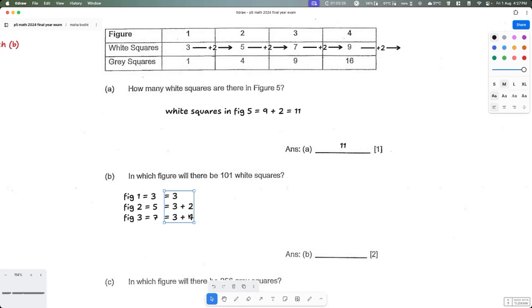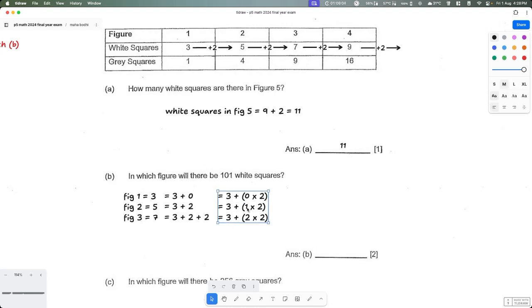So if you can see the pattern again, so this is 3 plus 2. So no, this is 3 plus 2 plus 2. Okay, I messed up a bit. Can you see the pattern over here? So this is plus 0, technically, right? So that means if you were to multiply this, this is 0 times 2, then this will be 1 times 2, and then this is 2 times 2.